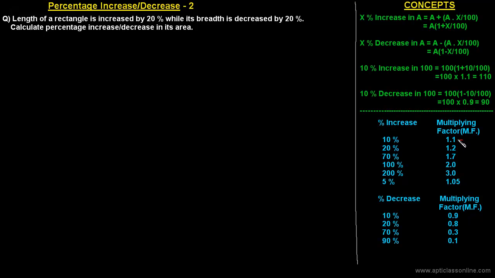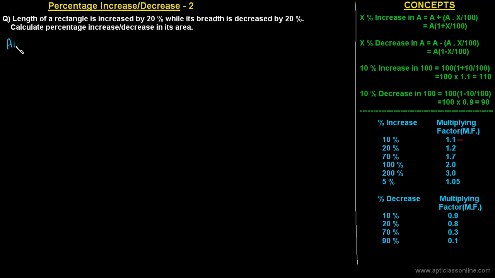And these other multiplying factors correspond to these percent increases, and this table shows the multiplying factor corresponding to percentage decrease. So we will solve this question, and we'll see how these multiplying factors are useful to solve such questions very easily.